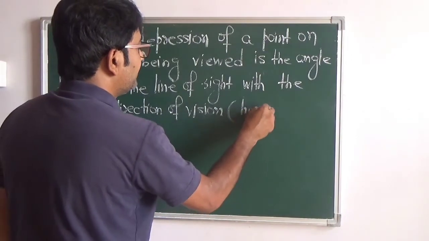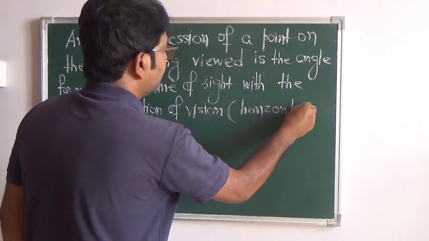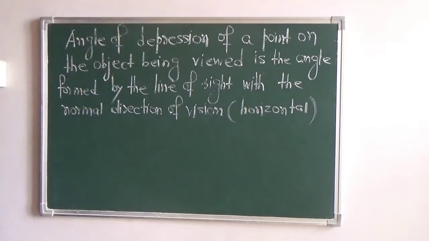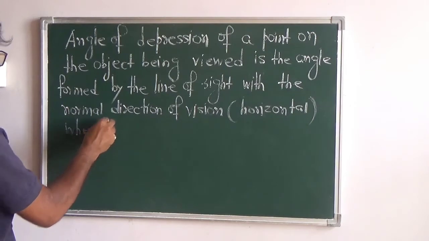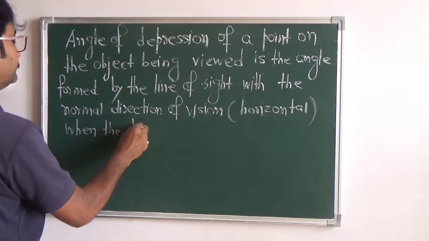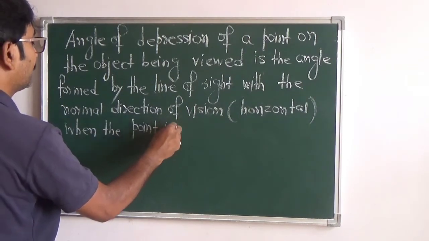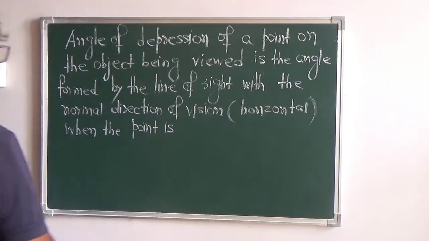In bracket I write it as horizontal, so that you don't get confused. With the normal direction of vision on the horizontal level, when the point is below the horizontal level.